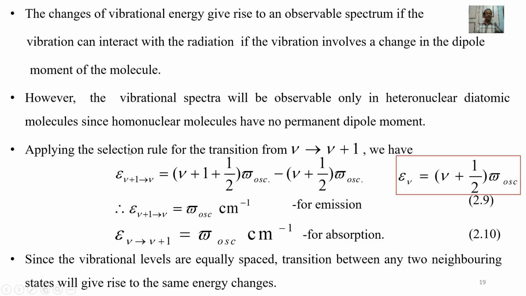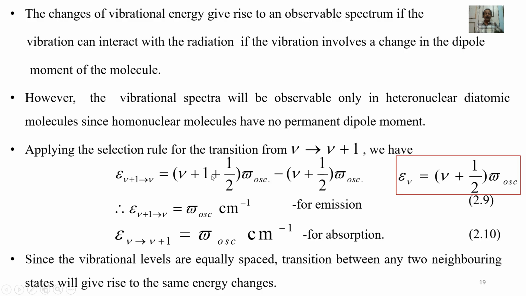Applying the selection rule for the transition from nu to nu plus 1, we are going to use this formula, and instead of nu, you substitute nu plus 1 in this equation. So the wave number for nu plus 1 to nu: nu plus 1 plus 1 by 2 omega bar minus nu plus 1 by 2 omega bar. So this is for nu and this is for nu plus 1.